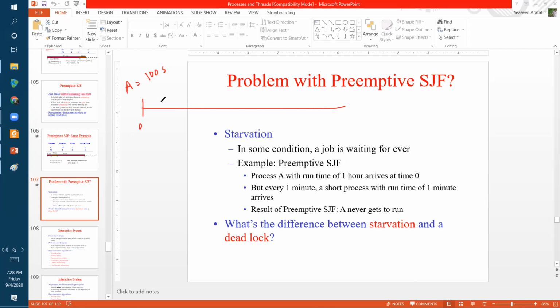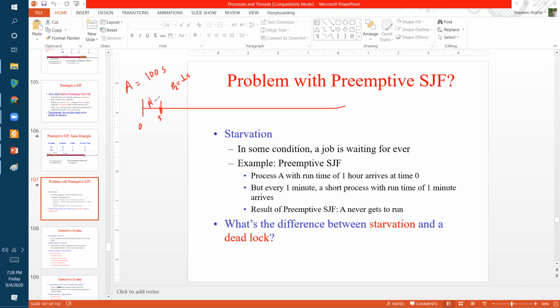After 5 seconds, another process P2 comes, with a burst time of 1 second. So process A gets blocked.